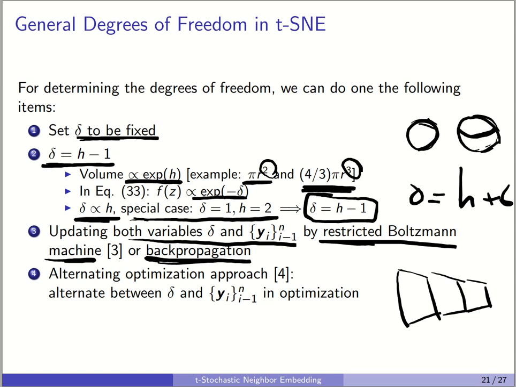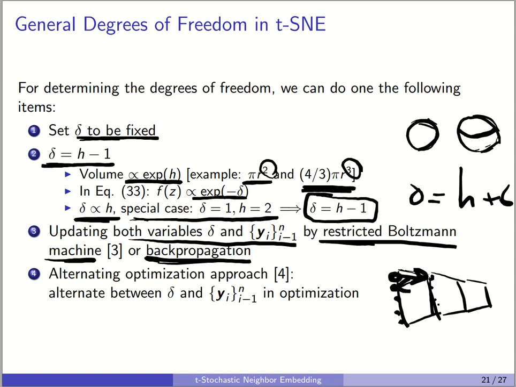And Boltzmann machine, when we have nodes here and we come from these nodes to the next layer, this is restricted Boltzmann machine. But if we go back from the next layer to the first layer, this is Boltzmann machine. So if we only go from one layer to the next layer, and will not come back, this is restricted Boltzmann machine.